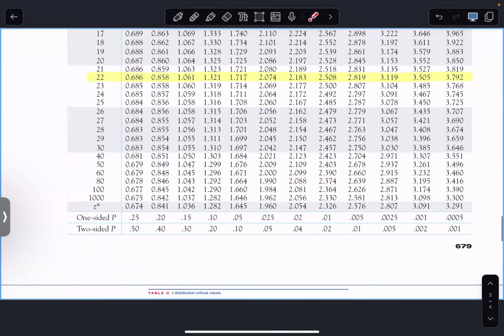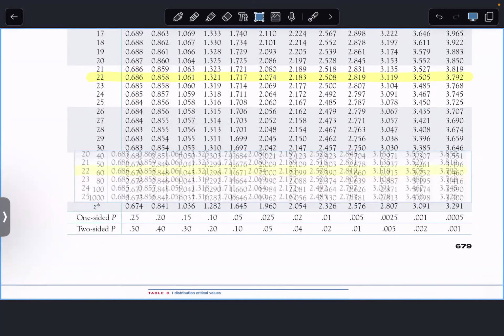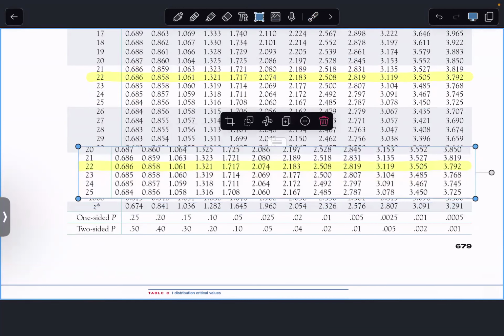Those p-values are down here. This is where I need to remember if I have a one-sided or a two-sided test, and that's way up in the alternative hypothesis.